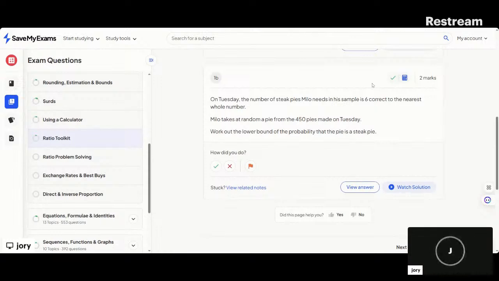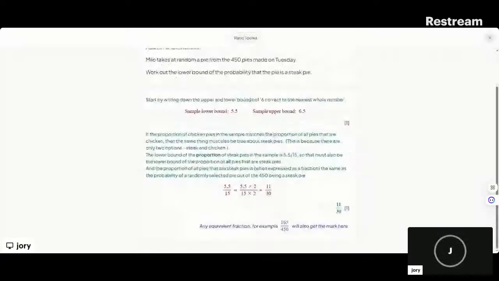It's 5.5 divided by 15 times 450, divided by 450. Its probability is 0.37. It's 11 out of 30.